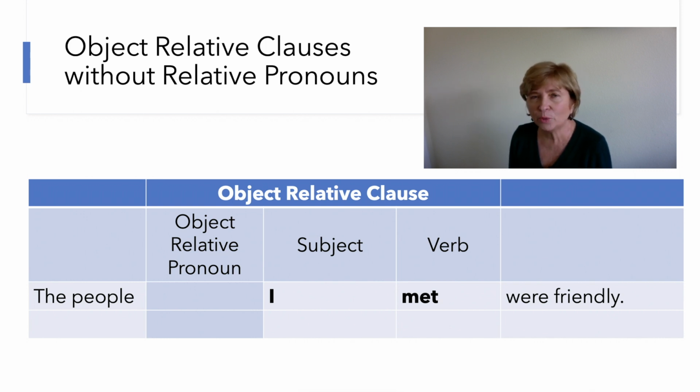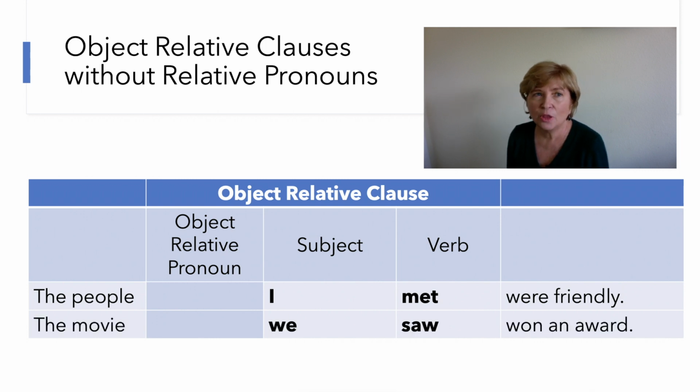You can leave out the relative pronoun and it still makes sense. The people I met were friendly. That works just fine. The other sentence is, the movie we saw won an award. Just like before, we could say the movie that I saw won an award, but why say more than we need to? We can say this sentence without the pronoun.